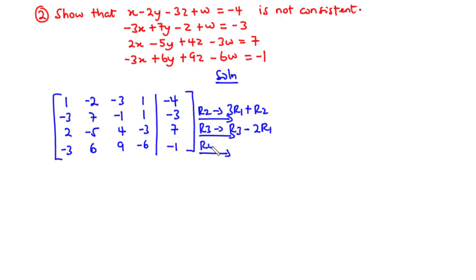So we perform the operation on row 4, and the operation is 3 times row 1 plus row 4. So row 1 remains the same and then we apply changes to row 2 through to row 4.